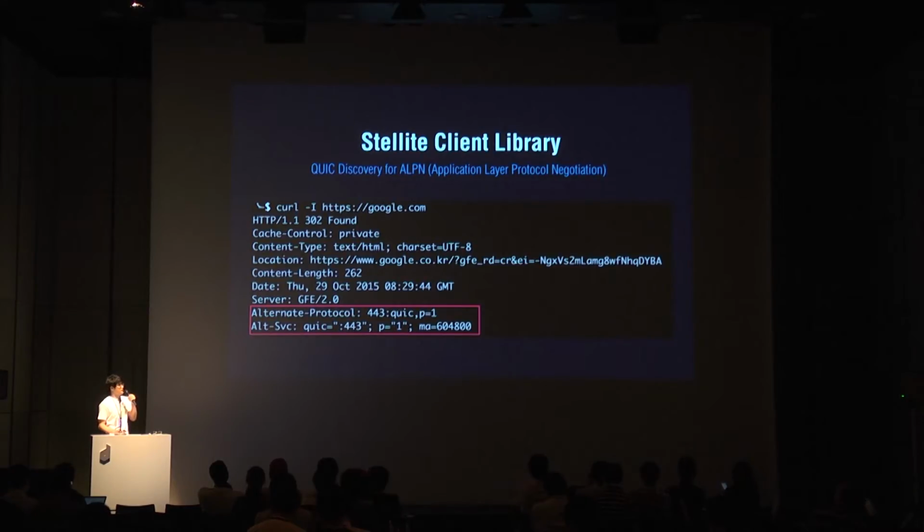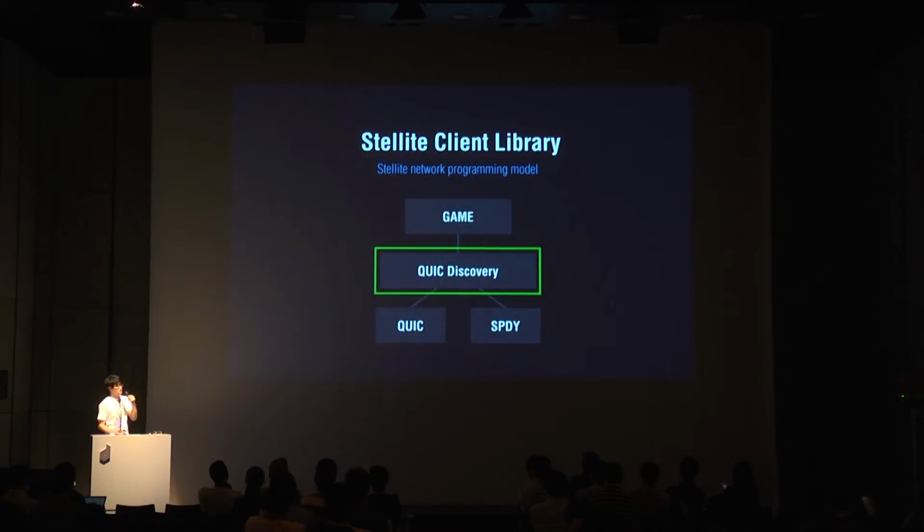In addition, when QUIC has any problem, it can switch to TCP. We decided to use a combination of QUIC and QUIC discovery in the Stellite client library. As a result, the client programming model of Stellite became very similar to Chromium's model.